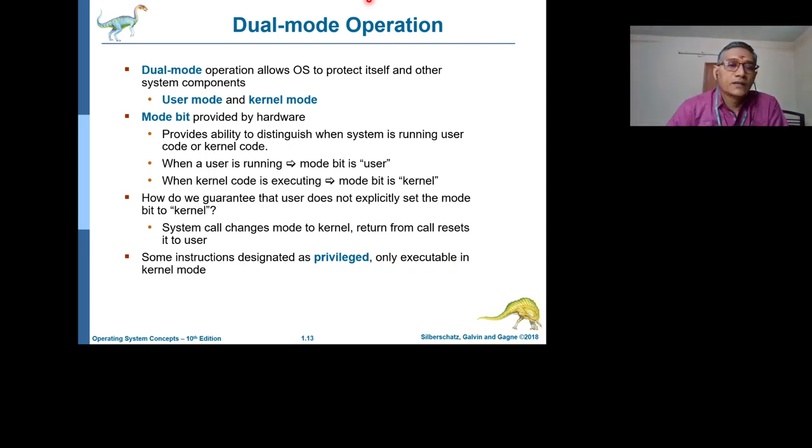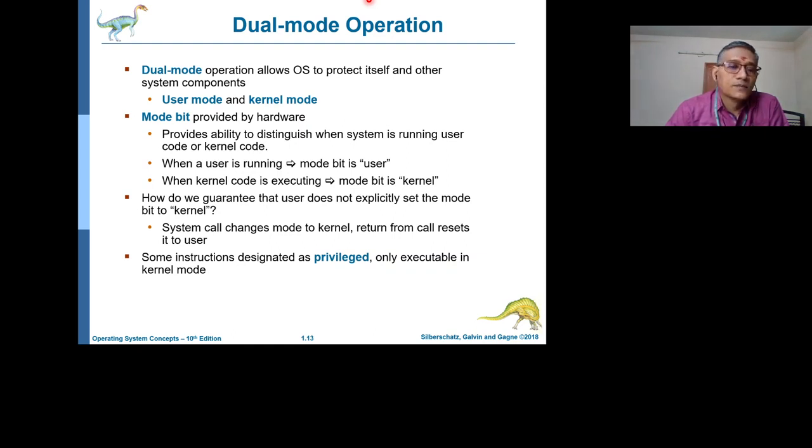The entire hardware is a set of resources, and those resources are controlled by the operating system. So the operating system acts as an intermediary between the user and the computer hardware. Whenever we write a user program, there will be some mistakes or errors, and those errors should not malfunction the hardware.